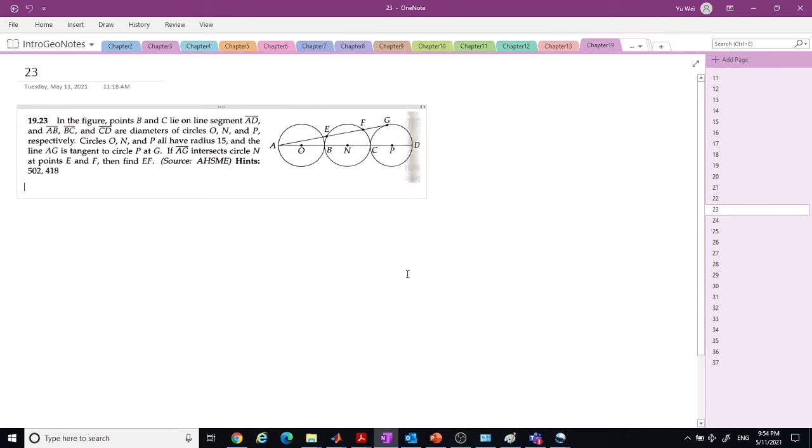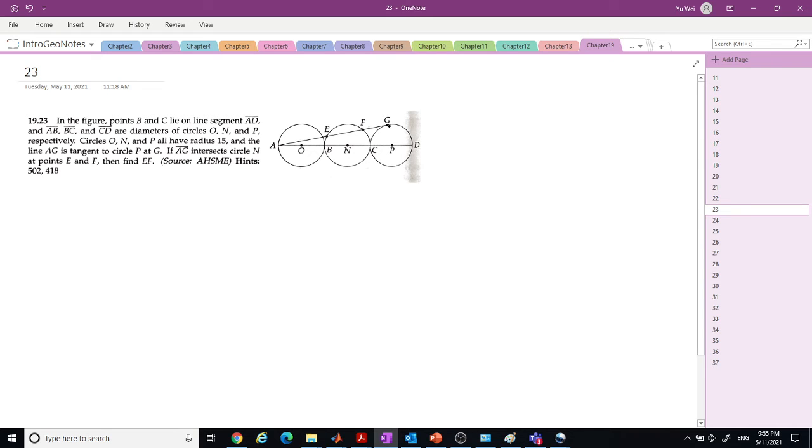Next, so this one, okay, normally when we deal with circles and we see a tangent point, each of these circles has a radius of 15.